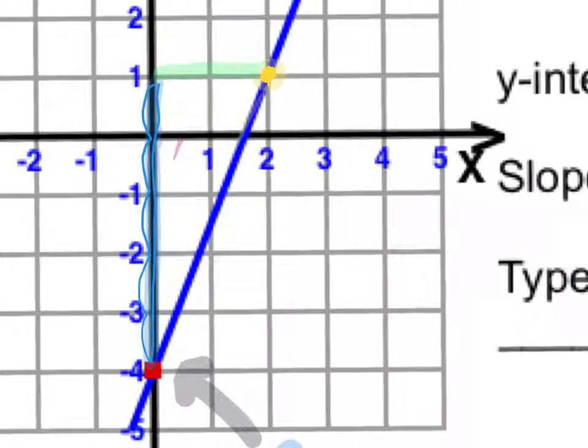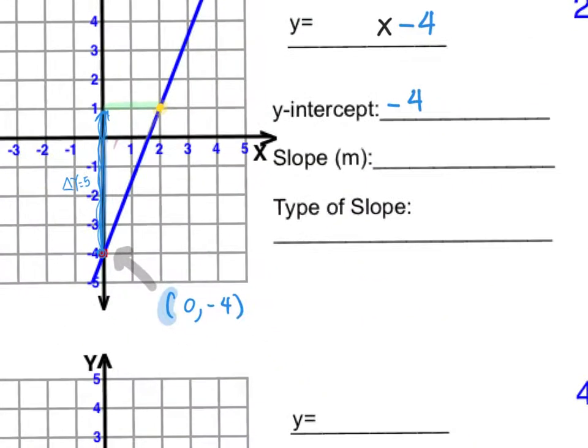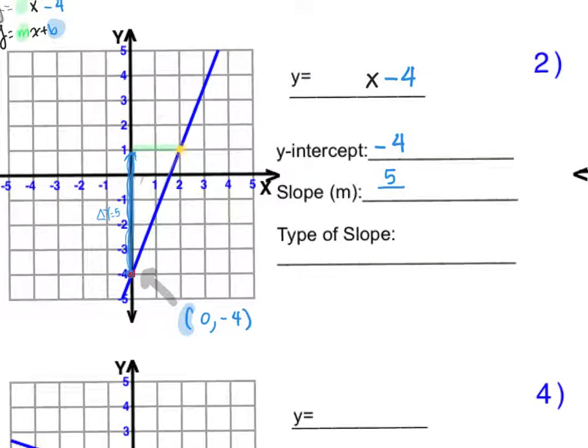So we're going to call this the change in y, because I changed my point from going from down here. I'm going to go up. My change in y is 5 over. Now, how many are you going to run to the right? 1, 2, and I'm going to draw an arrow because I'm going to the positive side.